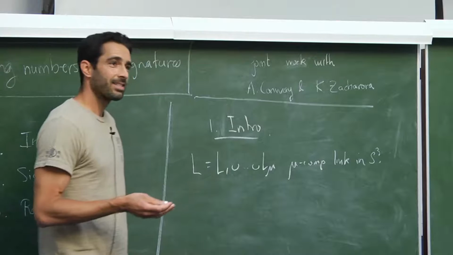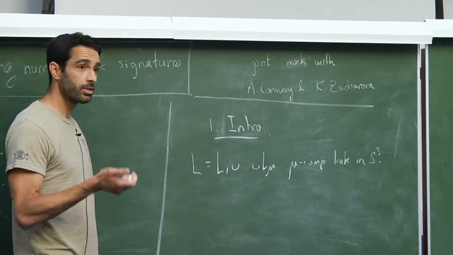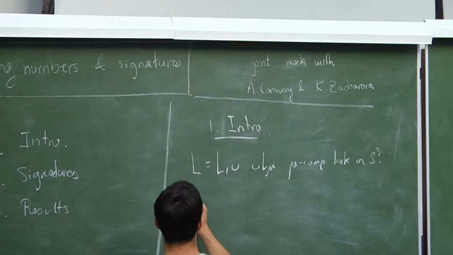So the question we ask is, what is the smallest such number? And this is called the splitting number, okay? So this is the definition.